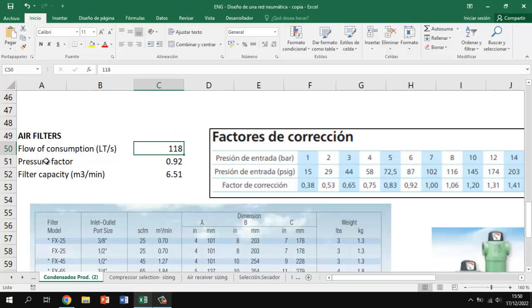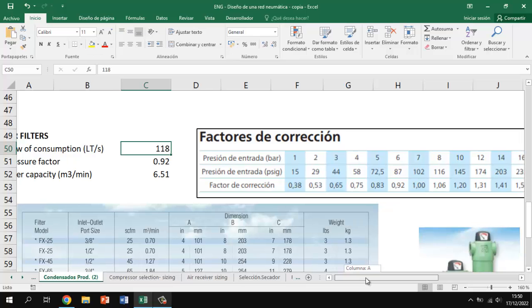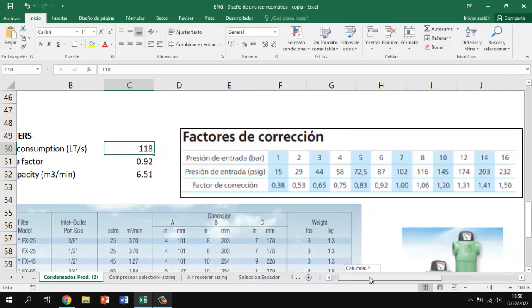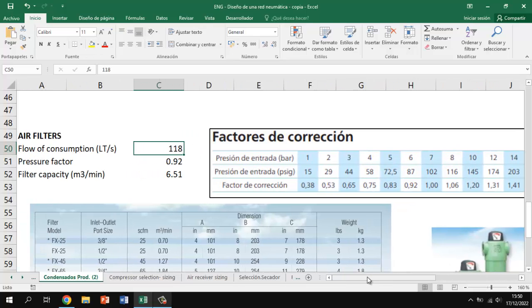Then we have our pressure factor, because our inlet pressure, our working pressure of our pneumatic system, is going to be 6 bar or 87 psi. So this is 92%. That's the reason why here we have 92%.